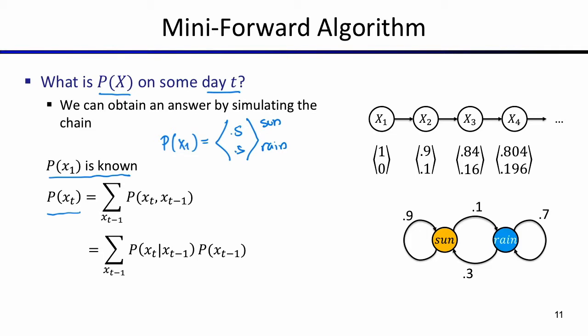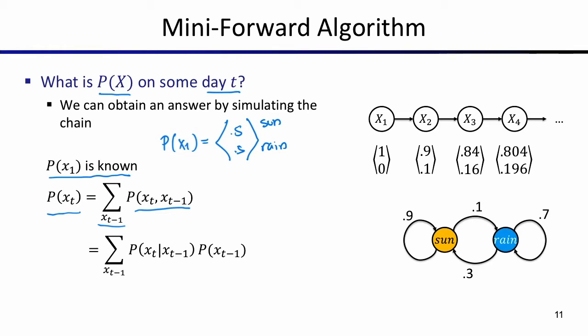I can say that the probability of xt is equal to the sum for all possible values of xt minus 1 of the joint probability between xt and xt minus 1. We can think that this is like the opposite of doing the marginalization, an operation that we are used to already. If you think from right to left, it's like doing the marginalization. We are summing over one variable and eliminating it.